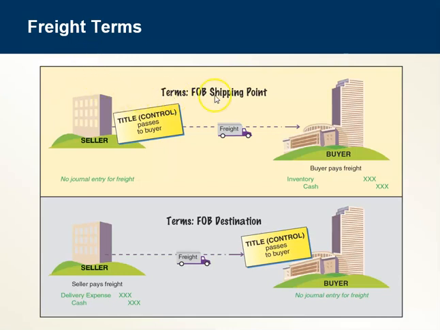Freight terms: when we're talking about FOB shipping point, title and control pass to the buyer, and with FOB destination, title passes to the buyer when the goods are received.